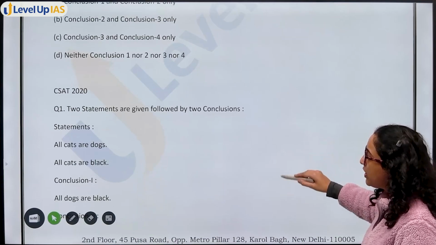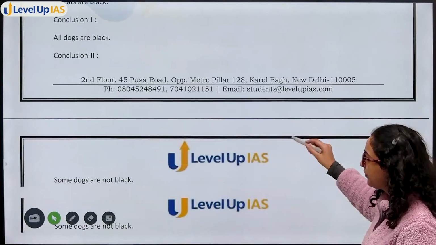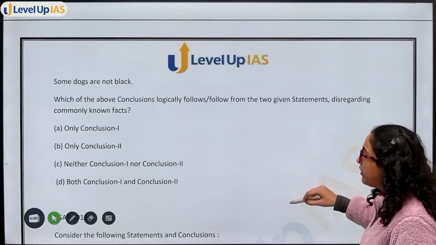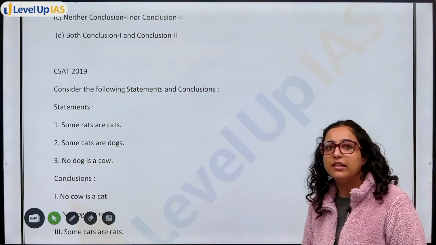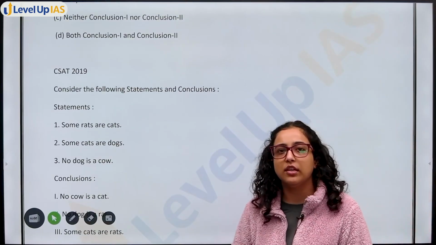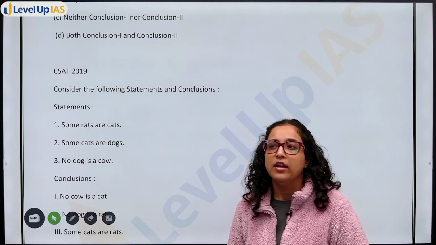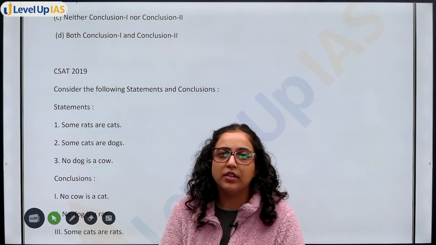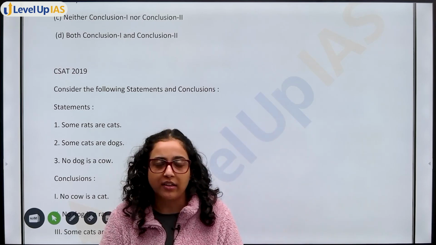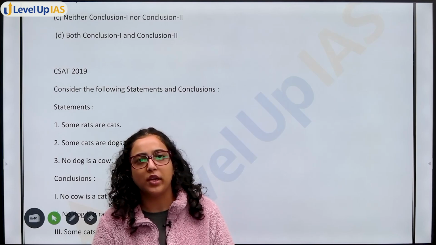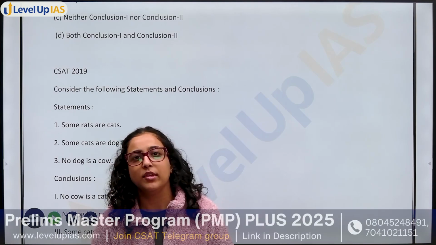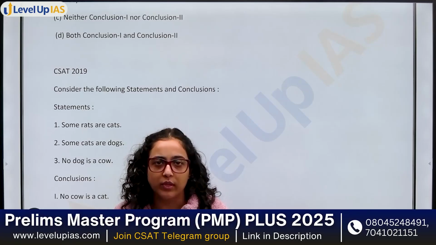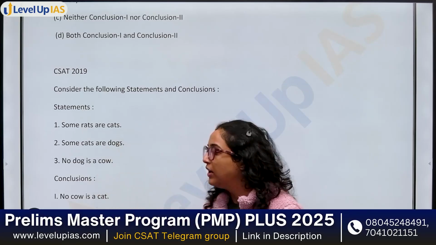Then in 2020 there was a question. So in 2019 also. So you can see that in recent years almost every year a question has been asked. Okay? When we check the latest pattern of the examination, you will see that apart from 2023, every year a question of this topic has been asked. That means this year also it is quite possible that you get a question of this.